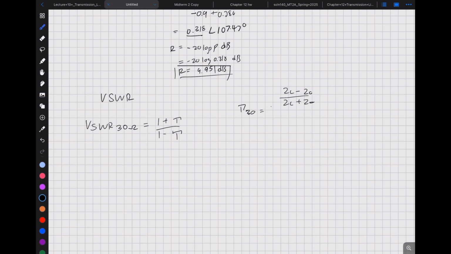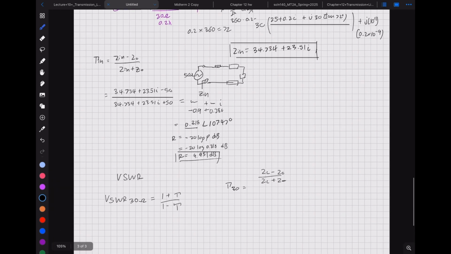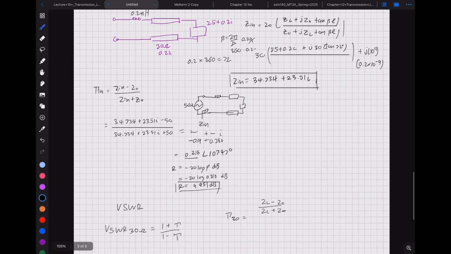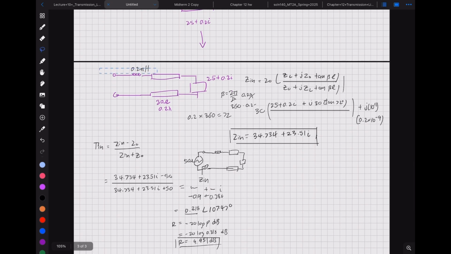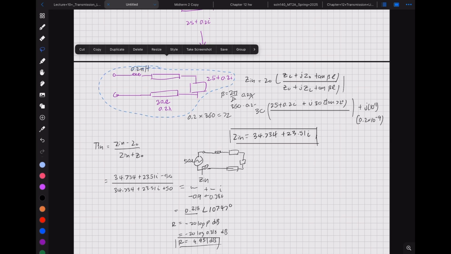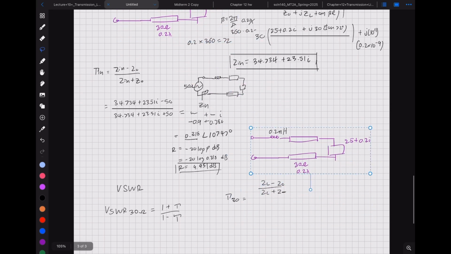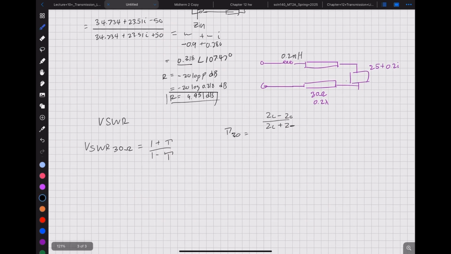So we're going to have the Z load that we found just before that 30 ohm line. As seen in the circuit up here, we're going to get this right there. That's going to be our new Zin. But obviously I replaced it with a ZL in this notation here, to represent the same thing.